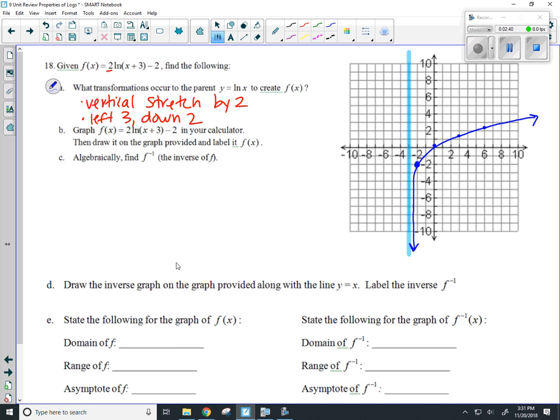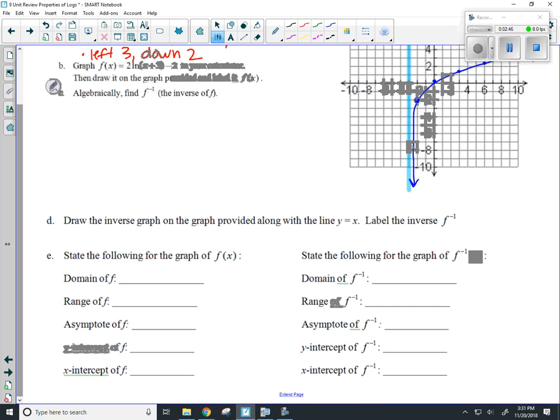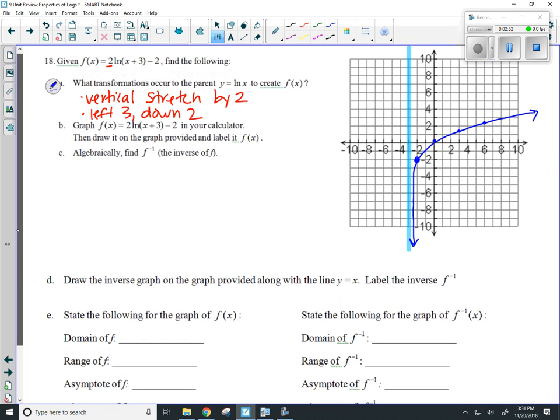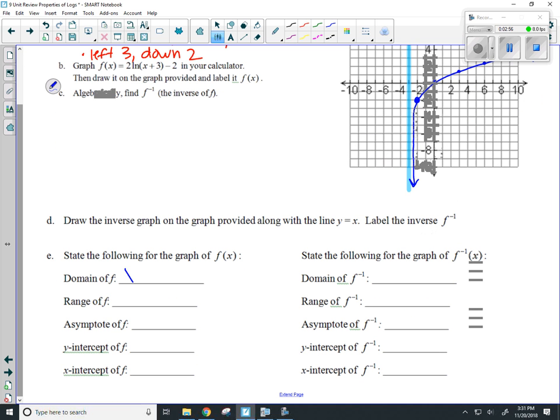So since we're just talking about this graph in particular, I'm going to go ahead and move down to part E, where it asks about the domain, range, asymptote, and then the intercepts. So the domain of this, you can go back to your original equation, take that x + 3, and set it greater than 0. So when you solve it, your x is greater than -3, which our graph visually confirms for us.